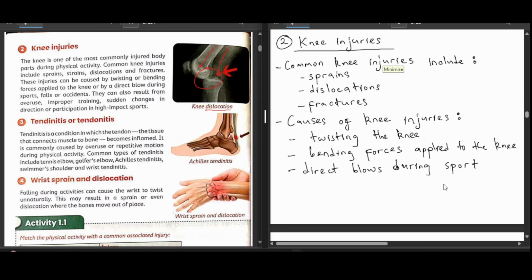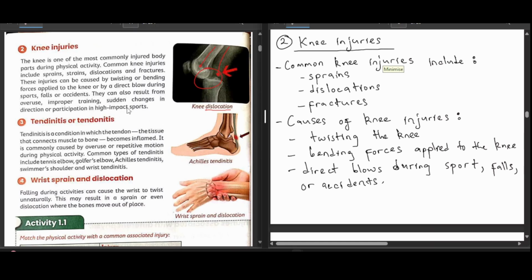We can speak about running, or playing soccer and you fall, that can also lead to knee injuries. In the case of soccer, we can talk about knee dislocations and other common knee injuries, sprains or fractures. So direct blows during sports are also a cause, but you can also have a direct blow during falls or accidents.